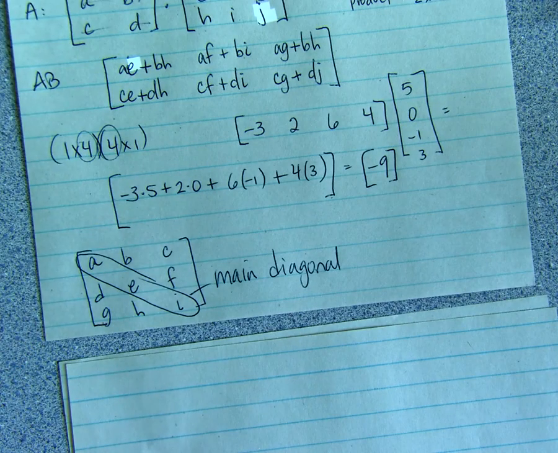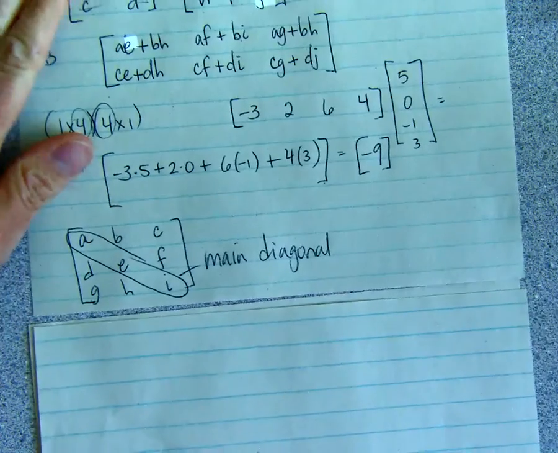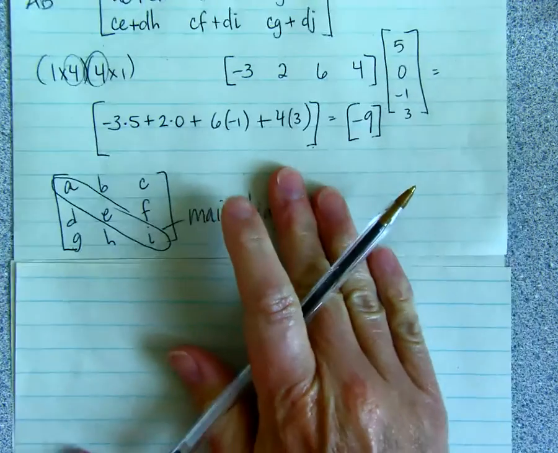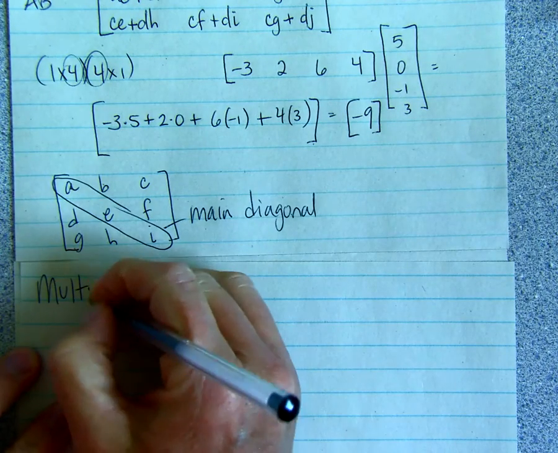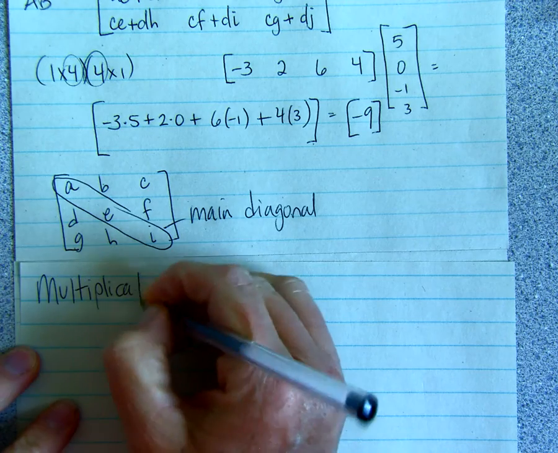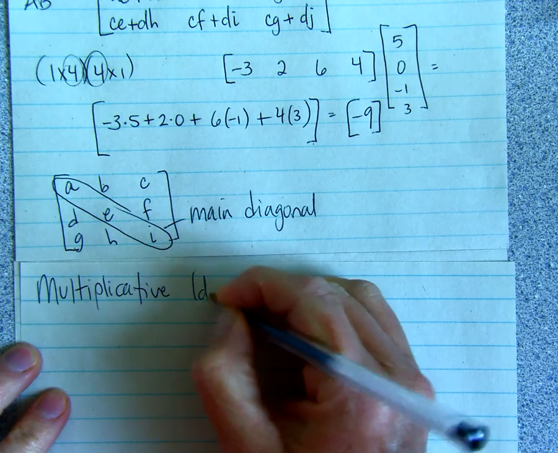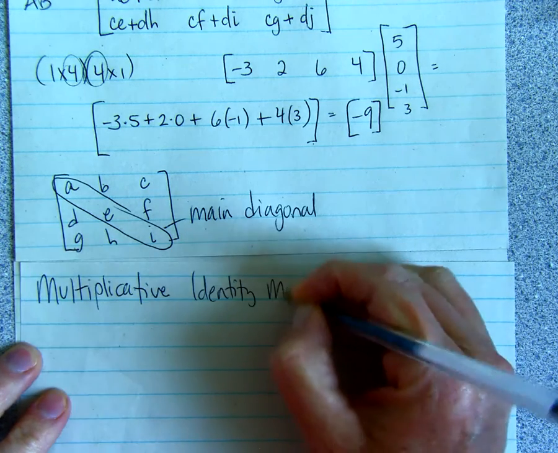So we have what's called the identity matrix. This is the multiplicative identity matrix. Again, just say multiplicative because it's just so much fun to say. Multiplicative. Oh, I love that word. Multiplicative identity matrix.